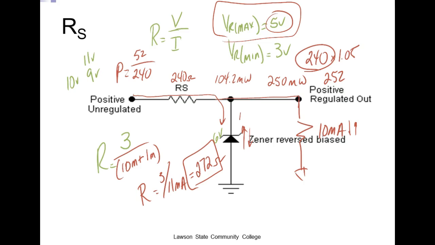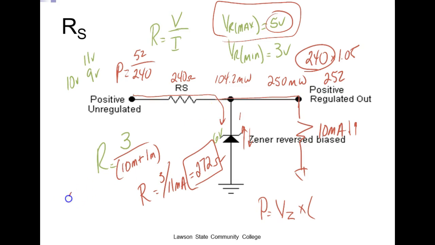So somebody tell me, power is equal to what? Main formula. Okay, so what V are we going to use? We're calculating power of the Zener, so hopefully we're going to use Zener voltage. And then we multiply that times some current. What's the current? Okay, so IRS max, what's that going to be?